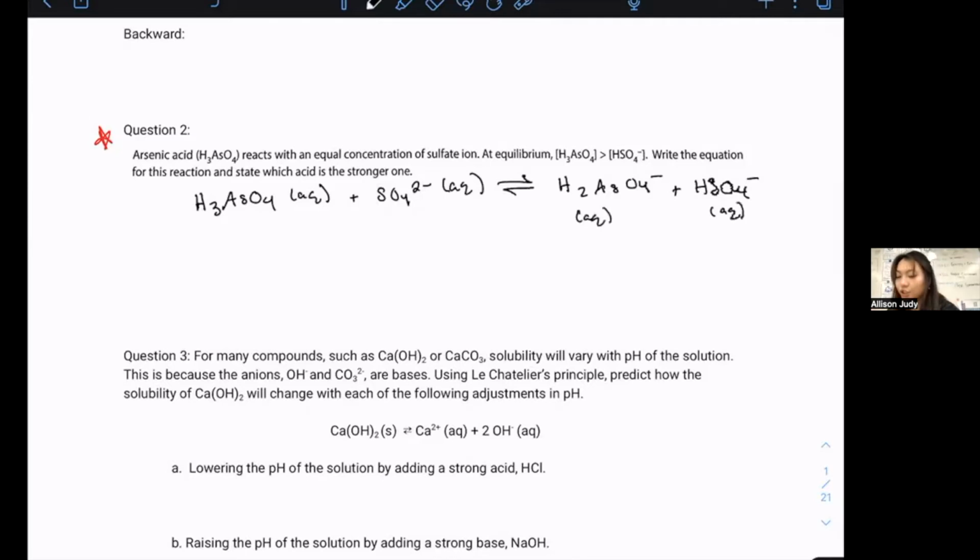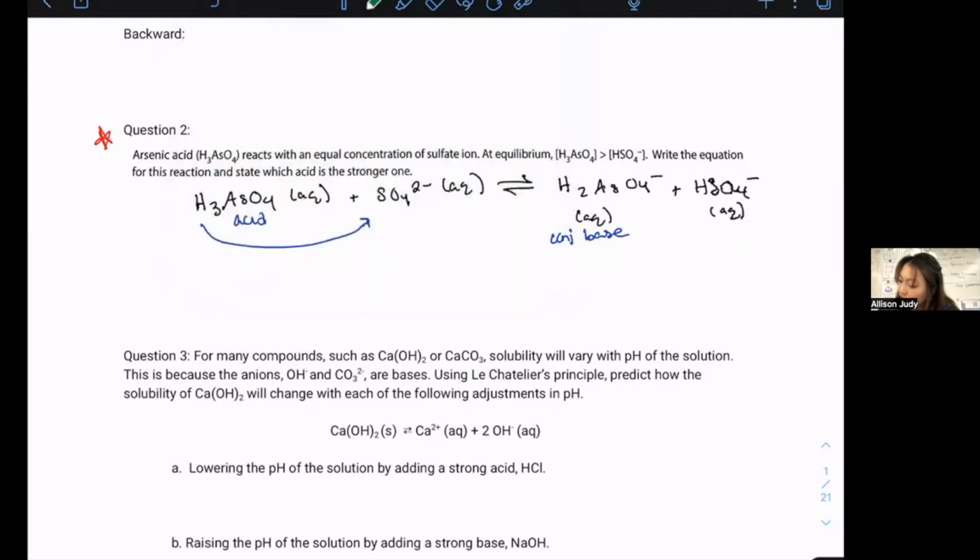Based on this reaction, which one evidently was the stronger acid? Well, what we see here is that the proton from arsenic got transferred to the sulfate. So the arsenic acted as the acid. And this is, of course, the conjugate base. Sorry, I'm doing this in a different color.